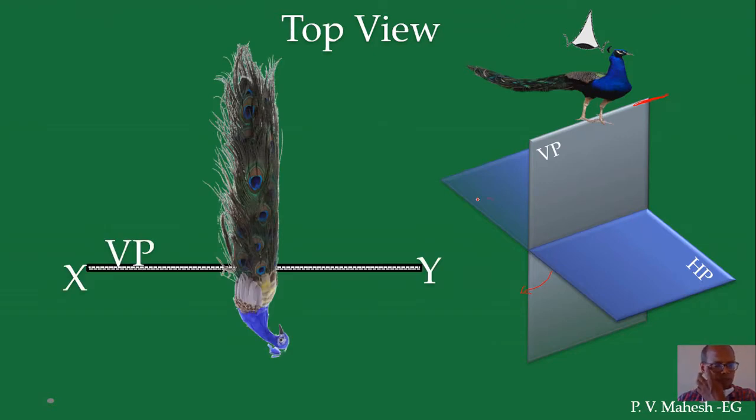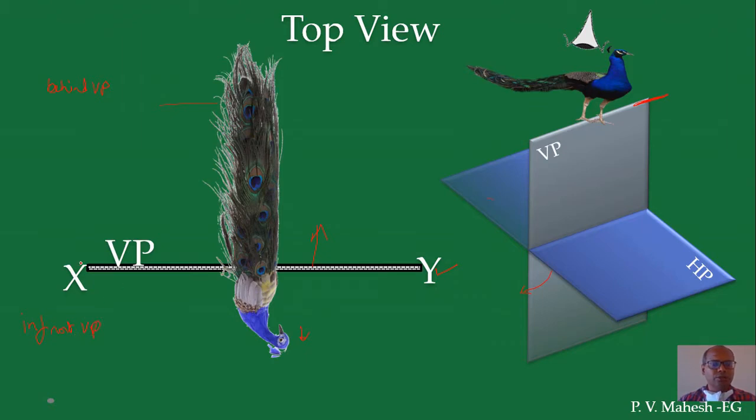Here you can see the vertical plane is represented by the XY line. The head is in front of the vertical plane, so it is below the XY line. The tail is behind the vertical plane, so it is above the XY line. So in the top view, this is behind the vertical plane and this is in front of the vertical plane.